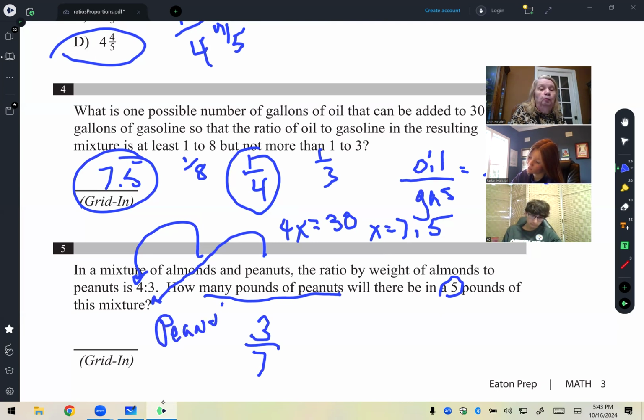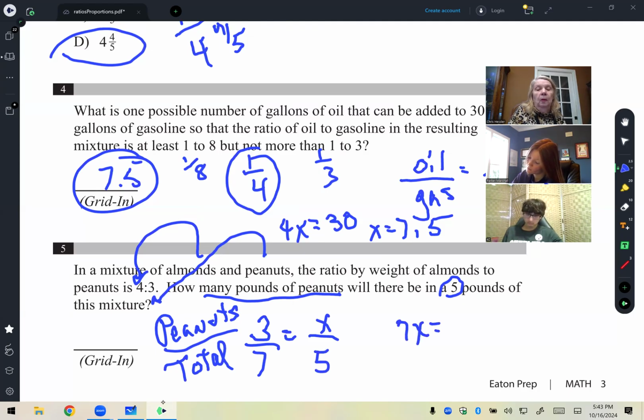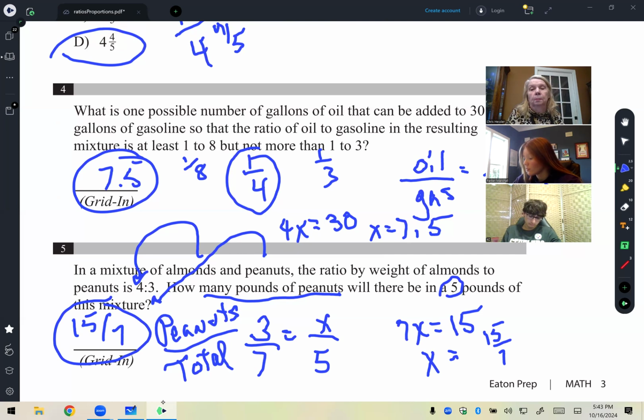I'll let you figure it out. So did you guys get 15/7?